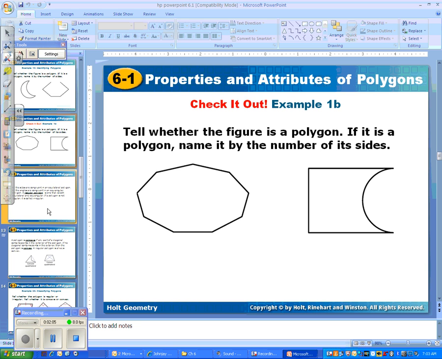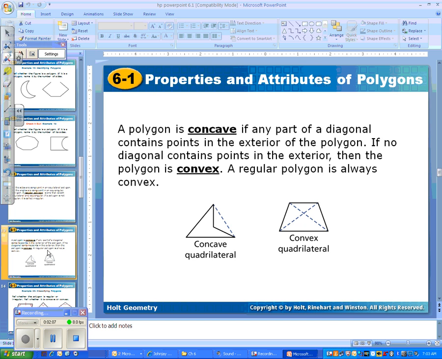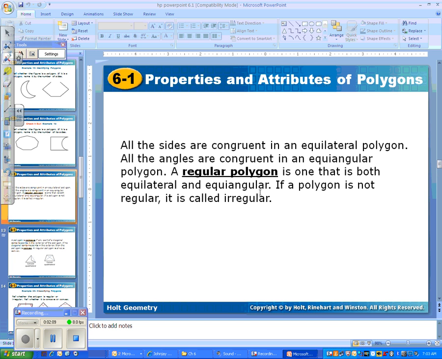All right, the second thing that we can talk about with polygons is whether or not they are regular or irregular. Regular means two things. It means that all the sides are congruent and all the angles are congruent. They both have to happen in order for it to be regular. If they don't both happen, then it's called irregular.